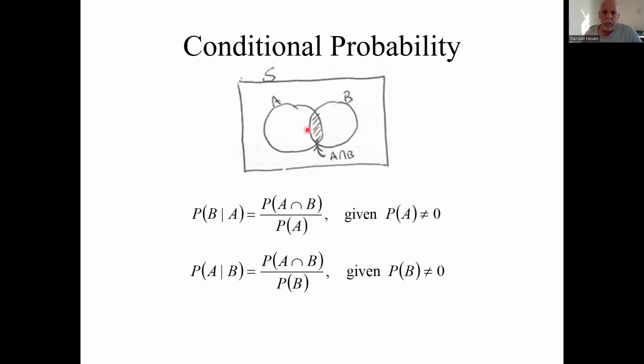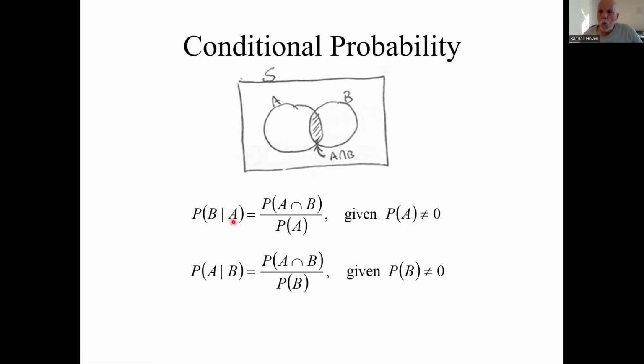And the probability of B would be the area of B divided by the area of the rectangle, the whole space. And the probability of the intersection of A and B would be the area of this little overlapping region divided by the area of the whole rectangle.